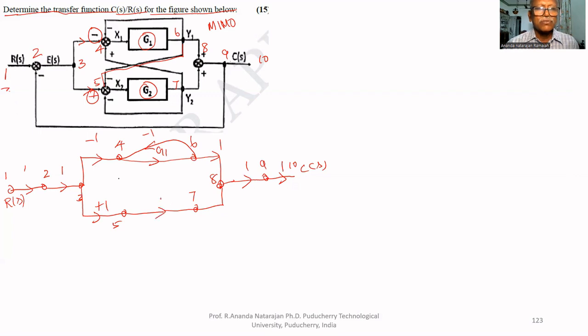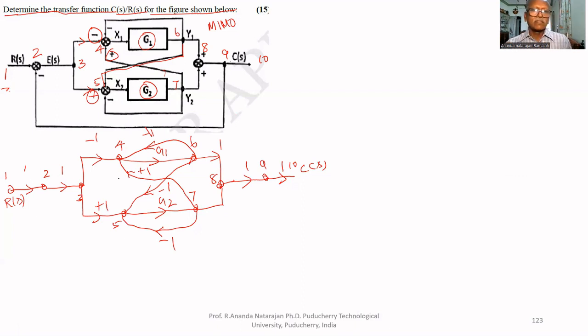Then this is G2. 7 to 5 is -1. 6 to 5 is -1. 7 to 4 is +1, because the input is plus here. That's all about the signal flow graph.